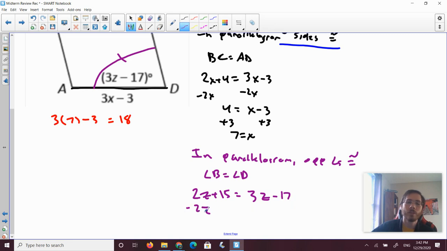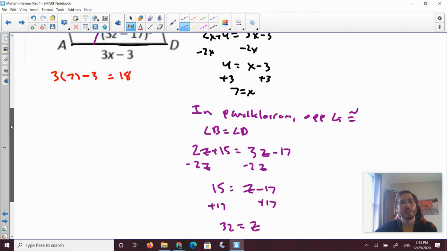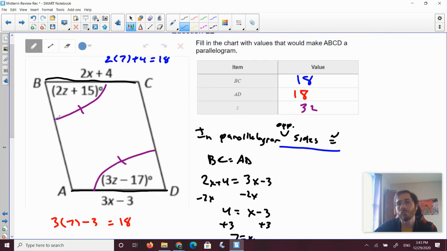So we can subtract 2z on both sides. We can add 17 on both sides. And we get 32 for z. So we know z, in this case, z is in the table. So we can put 32 in the table. It didn't ask us to find the angles. Obviously, it could if it wanted to. But in this case, we just had to find z. So we did. We got 32. And so that's our values for all three of our options.